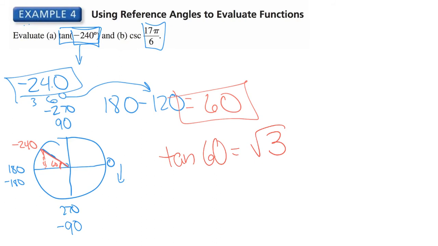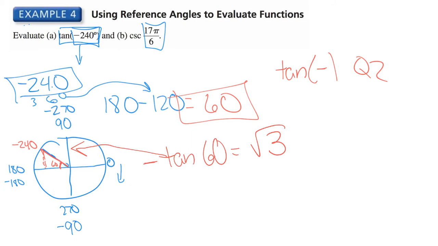Now, what I want you to look at in this problem is where it's located. This is actually a negative tangent of 60 because we are looking over in quadrant 2, and tangent is negative in quadrant 2. That's on that previous slide where it talks about signs of function values.